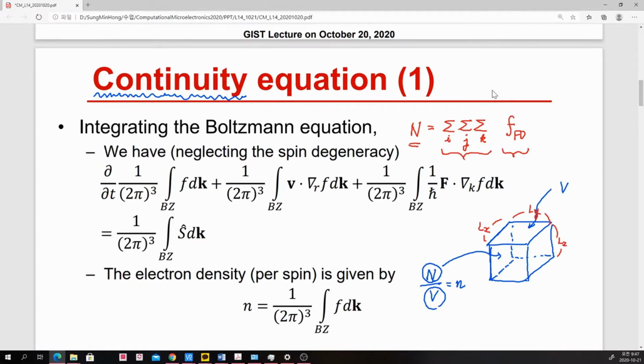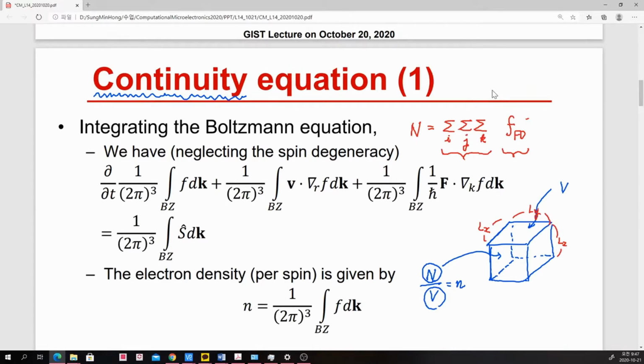And if this one is 0, although there exists a state, it is just empty, and it does not contribute to the total number of electrons. That was the simple number counting problem.